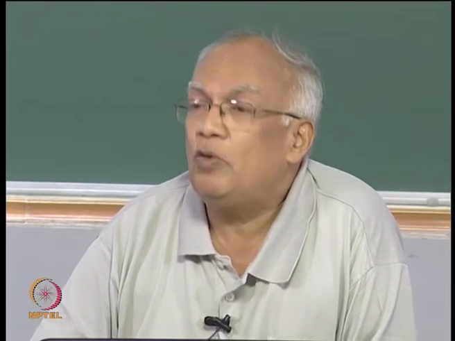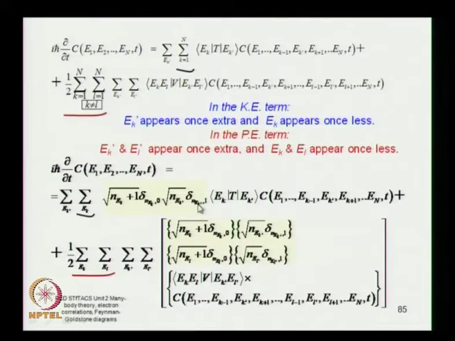If Ek prime were vacant to begin with, there is no way this could be done, which is why there is this Kronecker delta which takes care of it. And likewise, you have got a delta n Ek comma 0 over here, and this is scaled by the square root n plus 1 factor.